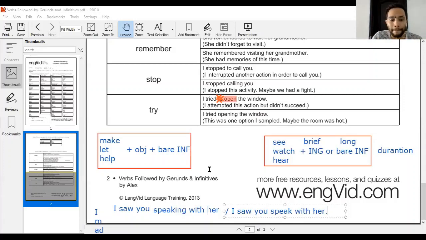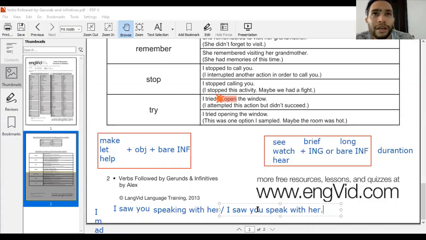Like this is okay. Now, when I say I saw you speak with her, te vi, lo que significa es como te vi hablando con ella también. Pero la diferencia de esto es que el tiempo que tú viste hablando a esa persona con la otra persona fue más. De pronto digamos que yo me quedé ahí viendo para ver de qué estaban hablando.